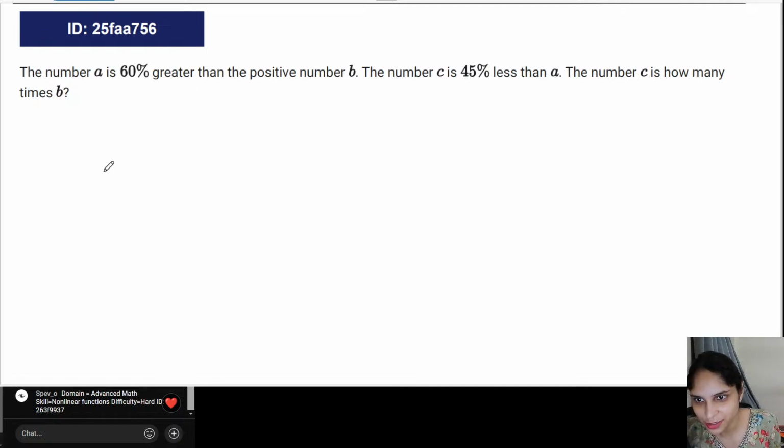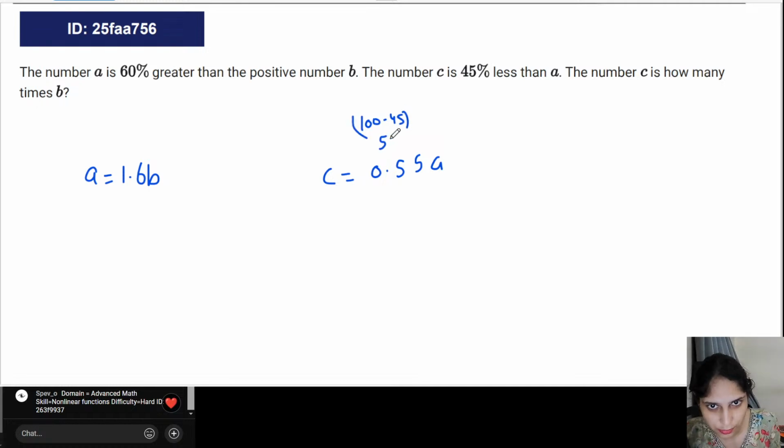A is 160% greater, so A is 160% of B. That means A is 1.6 B. C is 45% less than A, so this is 0.55 A. And now you just have to multiply 0.55 times 1.6.